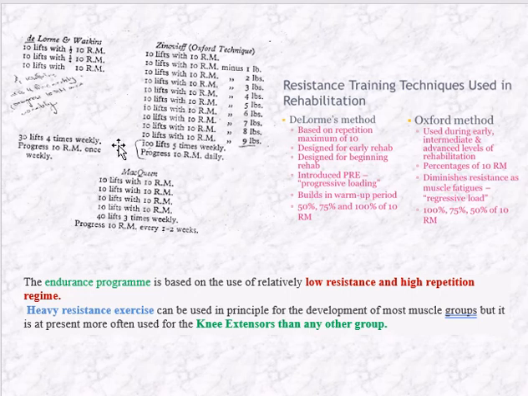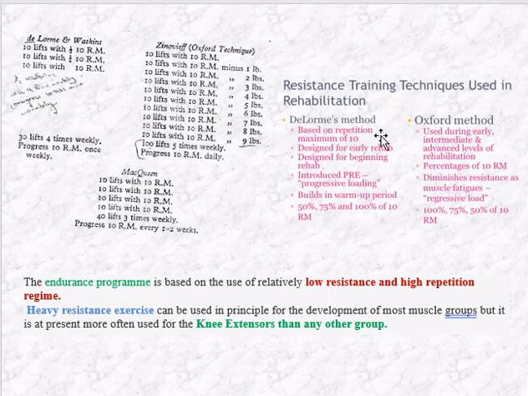McQueen says: 10 lifts with 10 repetition maximum, 10 lifts with 10 repetition maximum, 10 lifts with 10 repetition maximum, meaning 40 lifts, 3 times weekly, progress 10 repetition maximum every 1 to 2 weeks.